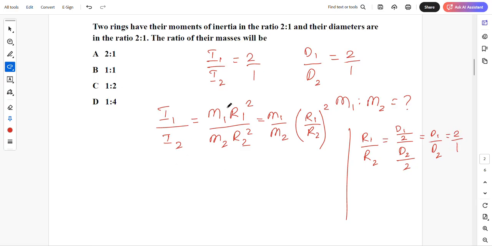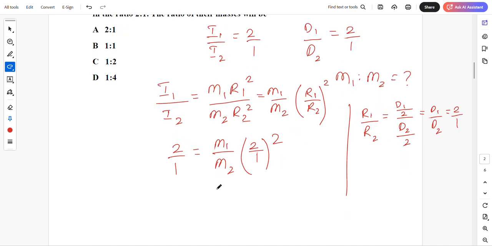Now what is I1 by I2? That is 2 by 1 is equal to m1 by m2, we do not know, into r1 by r2, that is 2 by 1 the whole square. So 2 by 1 is equal to m1 by m2 into 4 by 1.